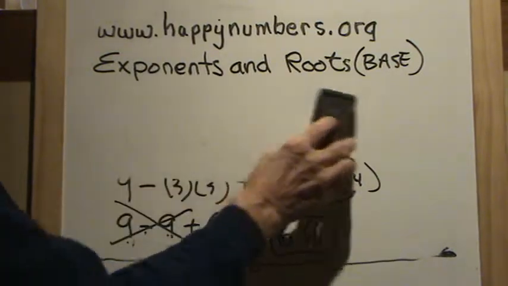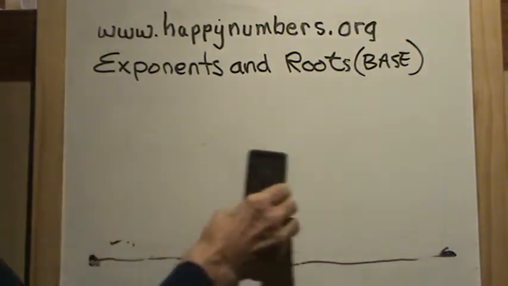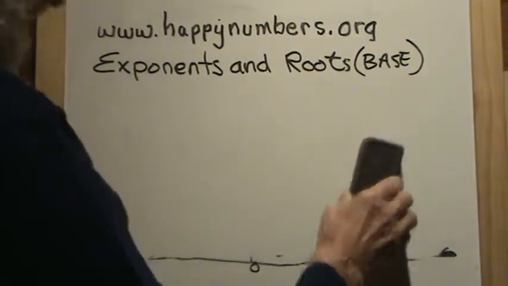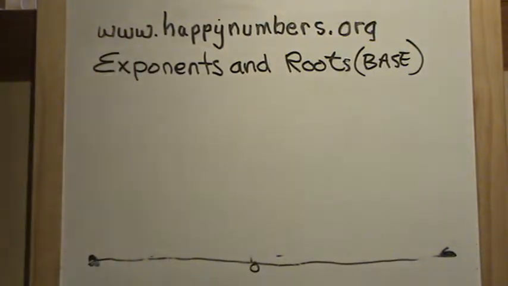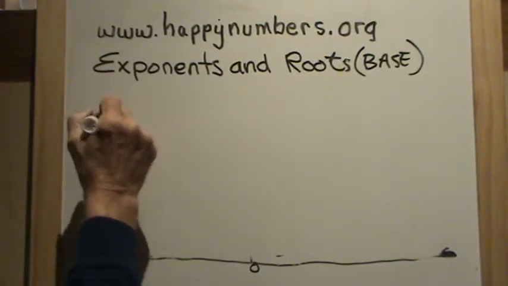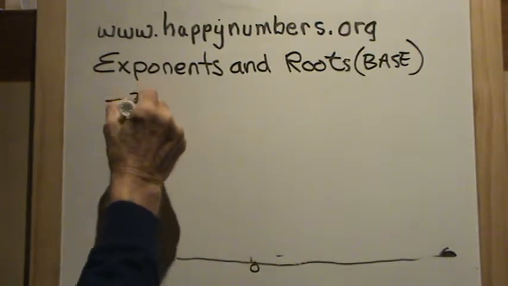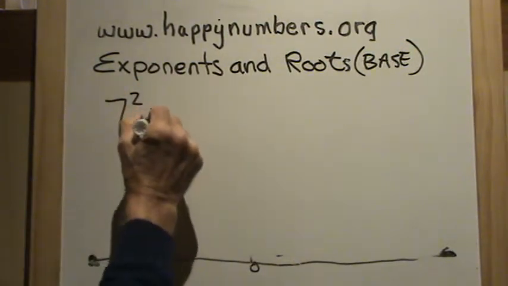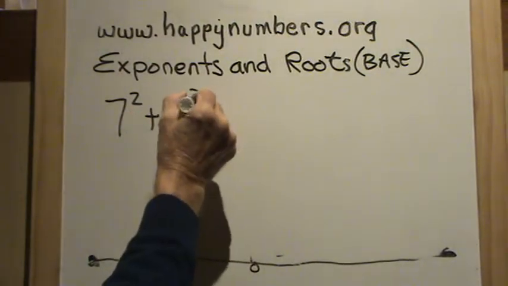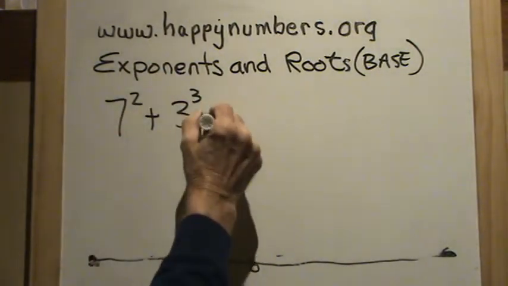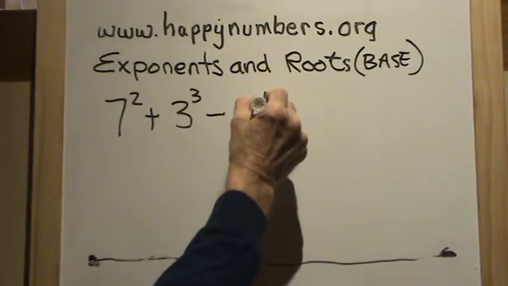Well, okay, so I'm going to put some problems up for you and let you work them. And then you can put the DVD on pause. You can work them and then we'll go over them. So let's have 7 squared plus 3 to the third power minus 4 to the first power.